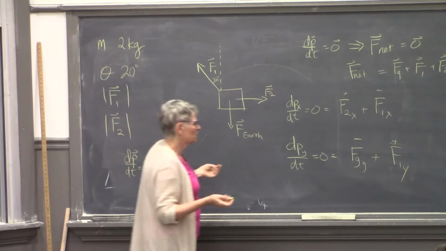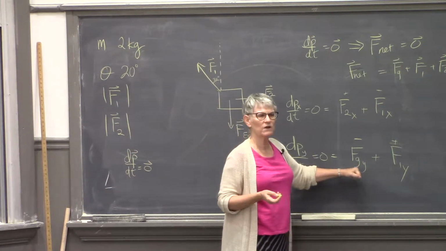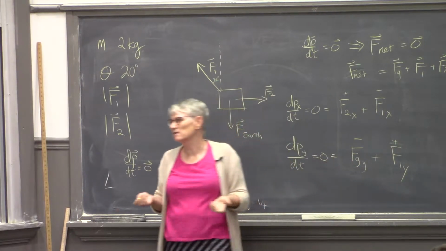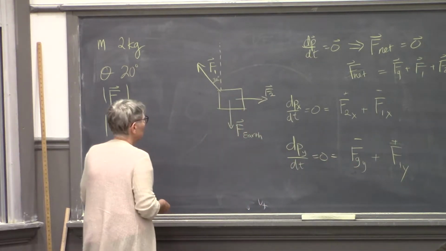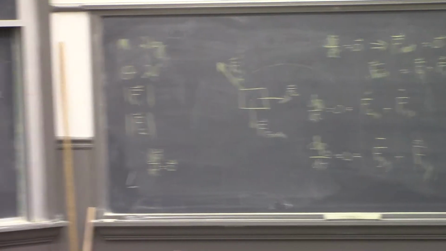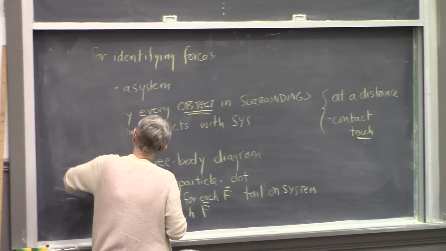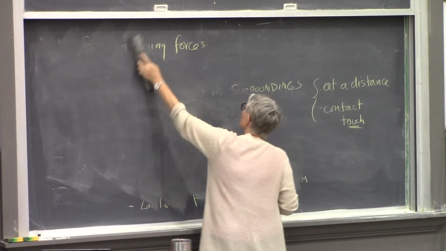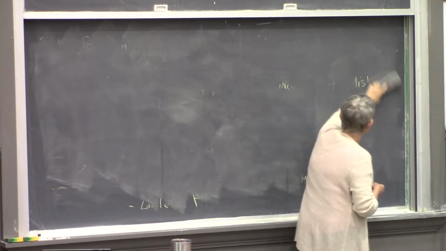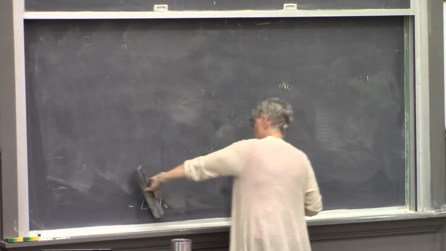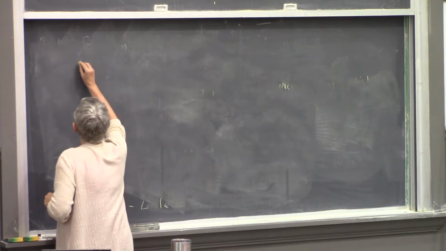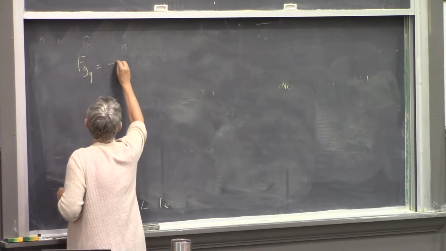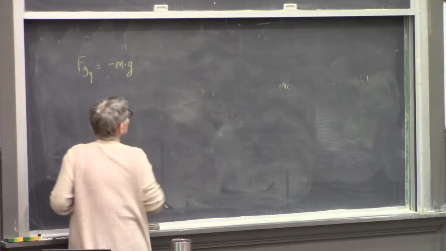Okay, well now we're getting somewhere, because we can calculate the gravitational force, right? So that part's good, that's easy. So let's do that. We have the gravitational force, the y component is minus m times g.